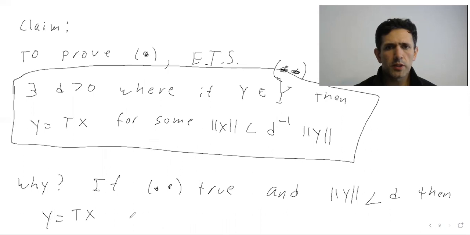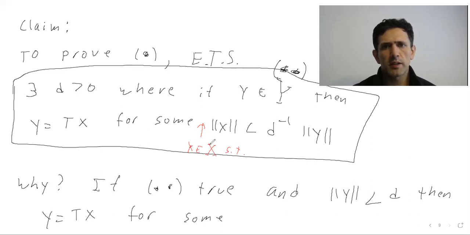Well, then y equals Tx. I mean, not that there should be any doubts, but we're saying y equals Tx for some little x in big X, where this is true.